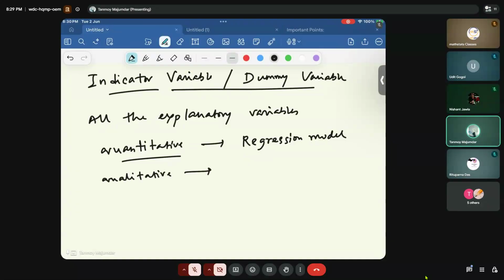So in that case, we can use ANOVA, analysis of variance, right? One-way ANOVA, two-way ANOVA, that we can use, right?